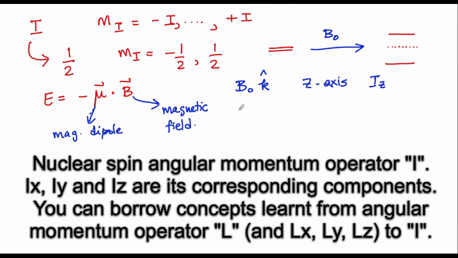And mu, as I said, is going to be given by the product of the gyromagnetic ratio, which is a constant, followed by the I vector. And I is going to be given by Ix times i plus Iy times j plus Iz times k.